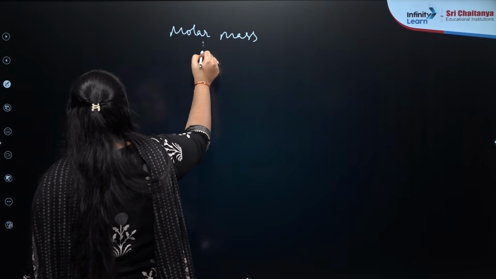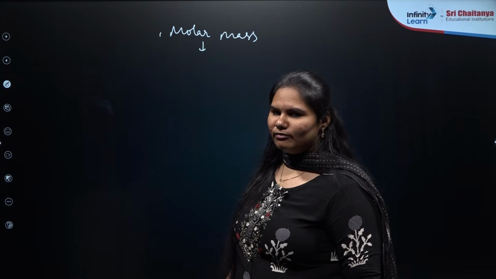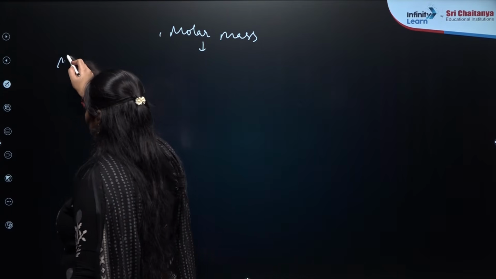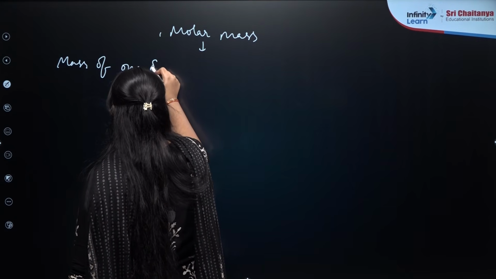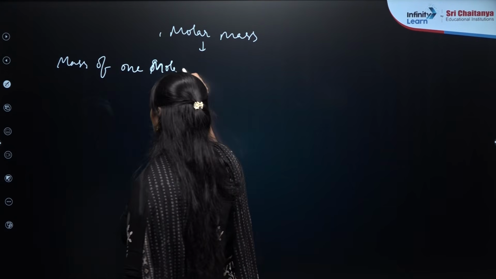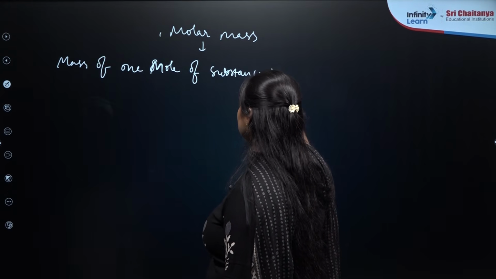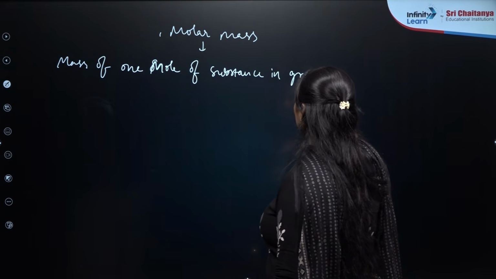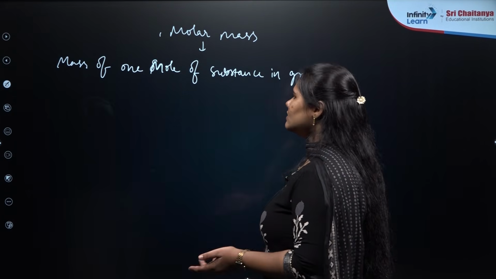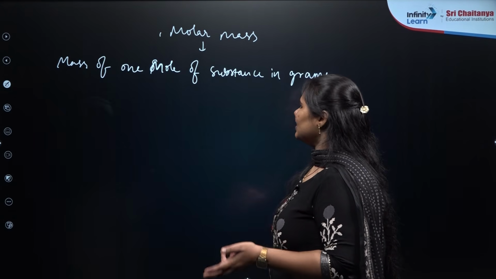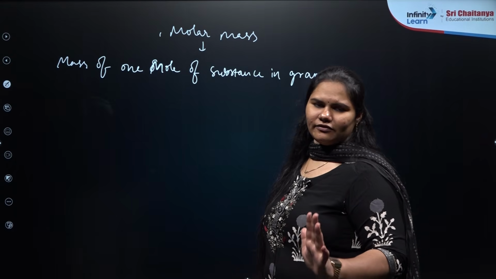What is molar mass? Remember, you can see something here, molar. Isn't it a property of mole? Yes. Molar mass is nothing but the mass of 1 mole of substance in grams. Mass of 1 mole of substance in grams is molar mass. Already we have seen atomic mass, molecular mass, gram atomic mass, all of that, right?